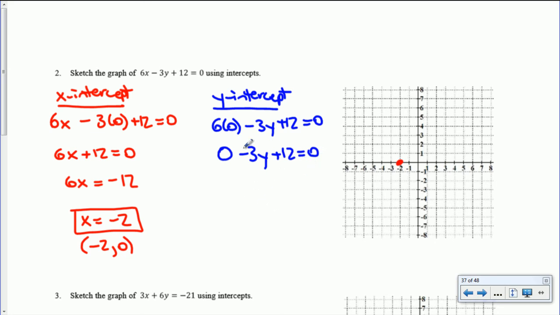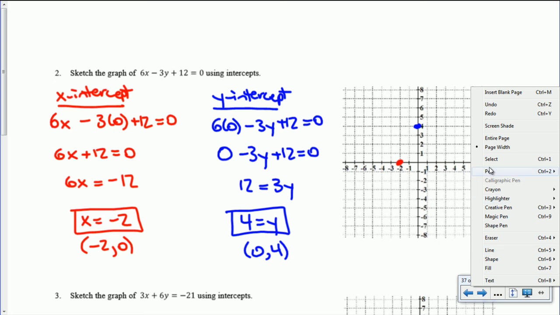So what we can do is maybe add 3y to both sides. We get 12 equals 3y, and then get rid of the 3. The opposite of multiplying by 3 is dividing by 3, so we get 4 equals y. 12 divided by 3 is 4. So the y-intercept will be 0, 4, which is there.